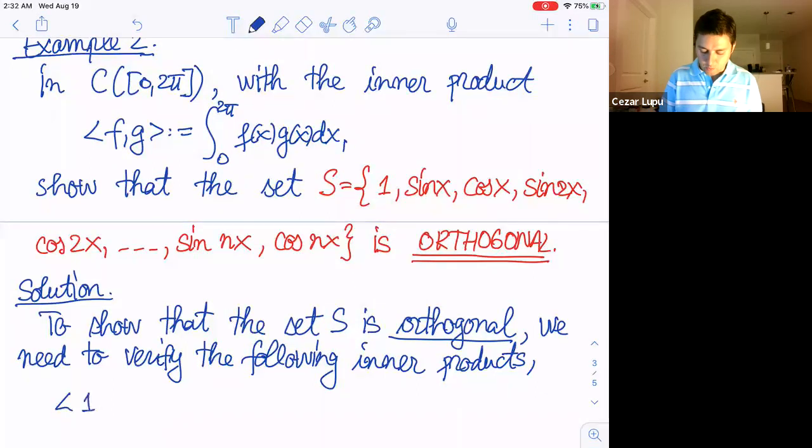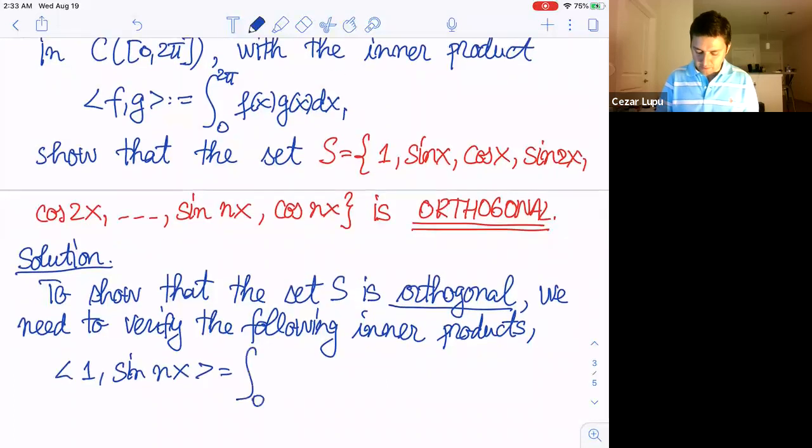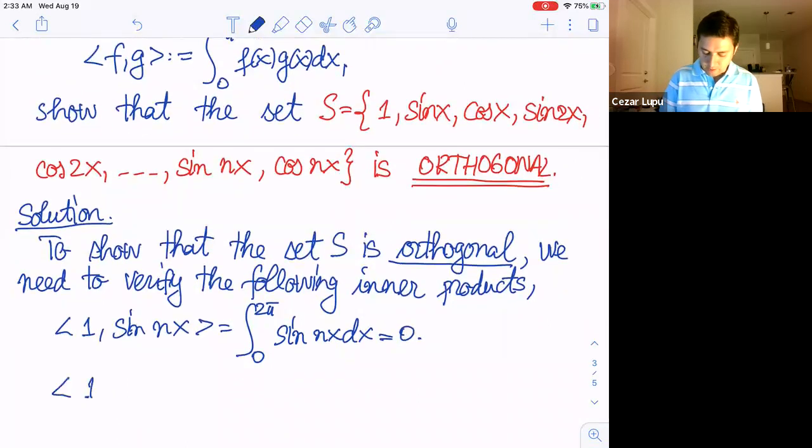Okay, first let's see, 1 with sine of nx. By definition, this will be the integral from 0 to 2 pi of sine of nx dx, which is 0. Then the same thing happens with the cosine.